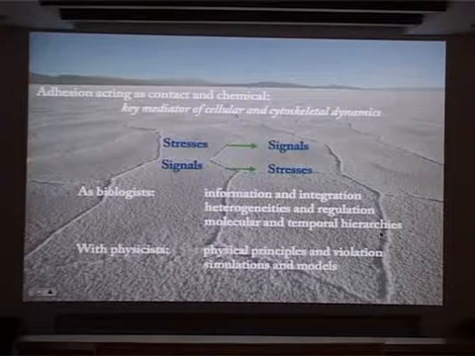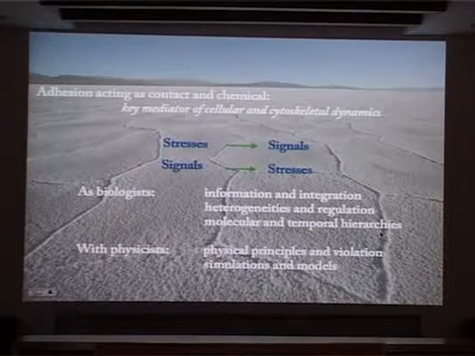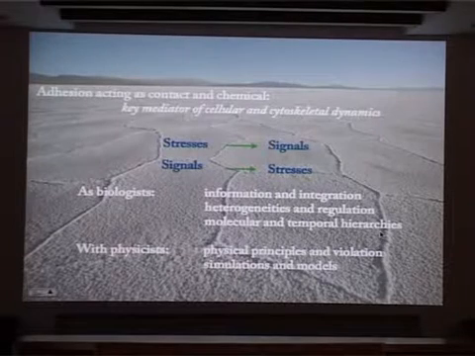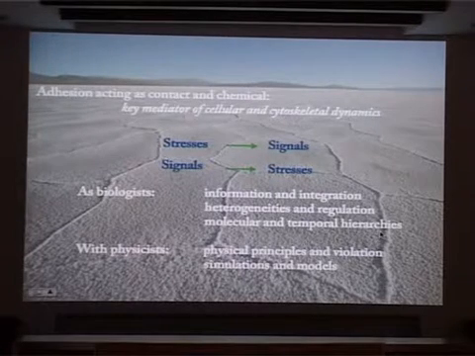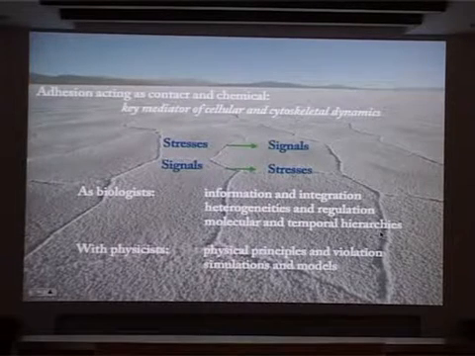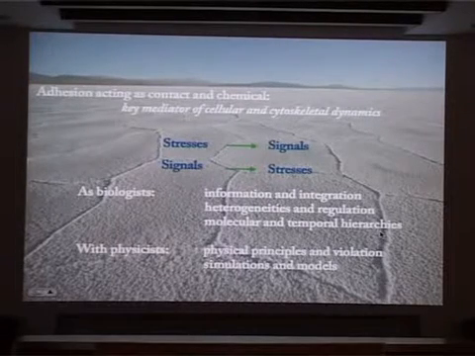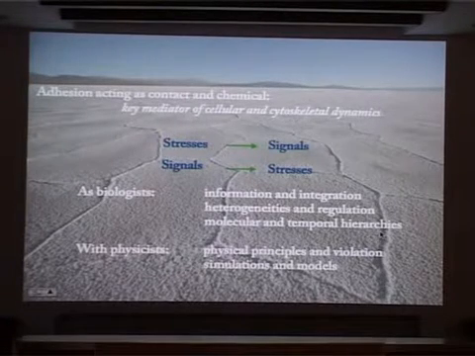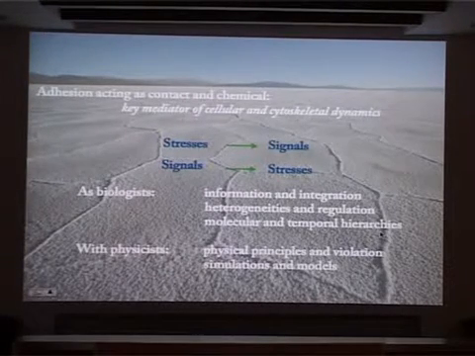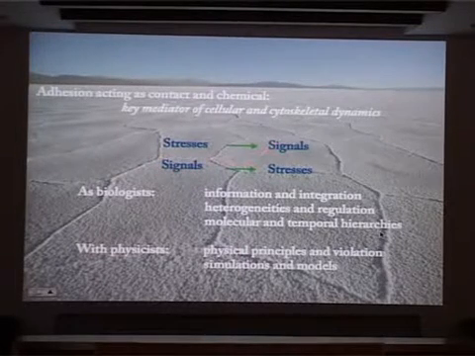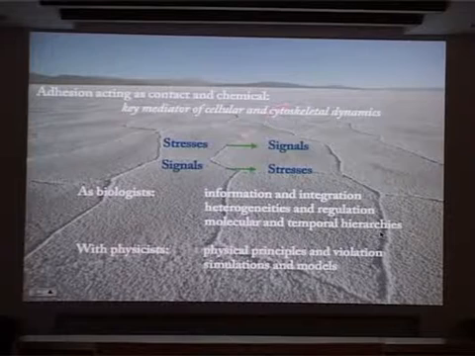adhesion operating at cellular interfaces can act as both contact and chemical, but it appears to be a key mediator of both cell and cytoskeletal dynamics. And I think we've reason to believe that stresses operating on the cell through adhesion molecules can influence signaling in that cell.